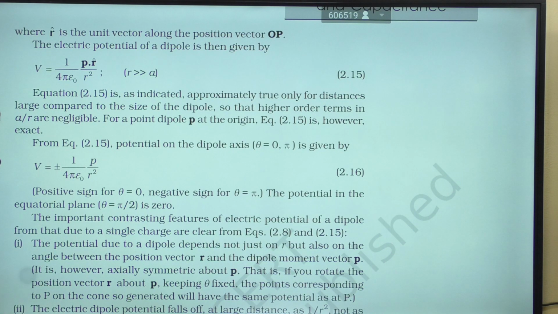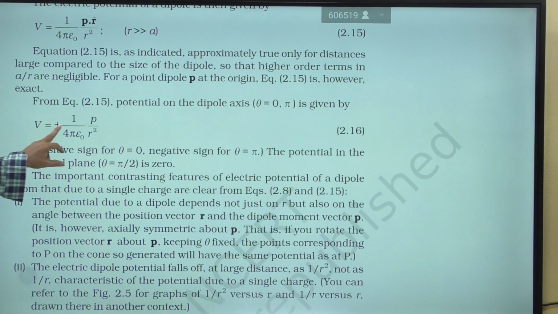Minus 1, right? Fine. So therefore minus 1, when you take theta is equal to, so therefore that is how there is a change of sign.